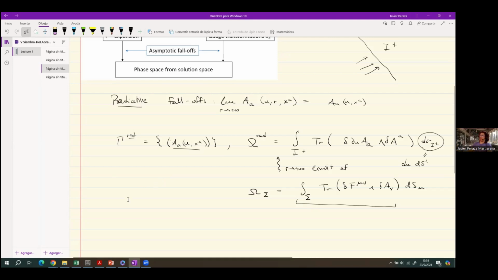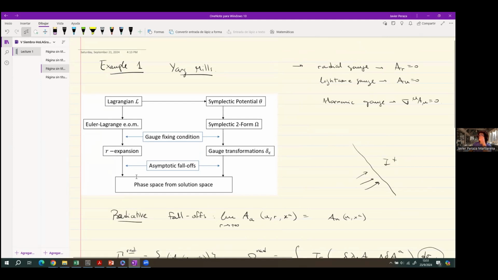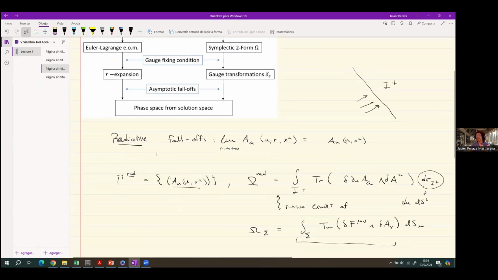Yes, great question, because it goes to the point that in this diagram there's a non-trivial step, which is solving the R expansion equations. When you solve the R expansion equations, you have to be consistent in what your fall-off is. For example, one of the radiative fall-offs is characterized by assuming, well, let's talk about electromagnetism to make it concrete, that the Poynting vector is non-vanishing at null infinity. That means that some observatory living at null infinity will receive radiation.